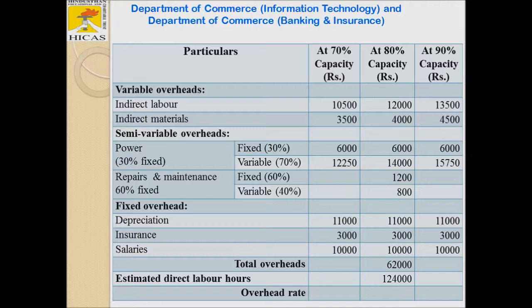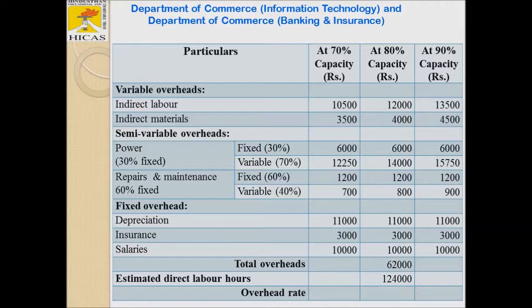Now we will move to repairs and maintenance. Since the fixed portion does not change, the 1,200 will be recorded in the 70% and 90% columns. Now we will move to the variable portion of repairs and maintenance. If at 80% we spend 800 rupees, then for 70% it is 800 divided by 80% into 70%, which results in 700. And for 90% it amounts to 900 rupees.